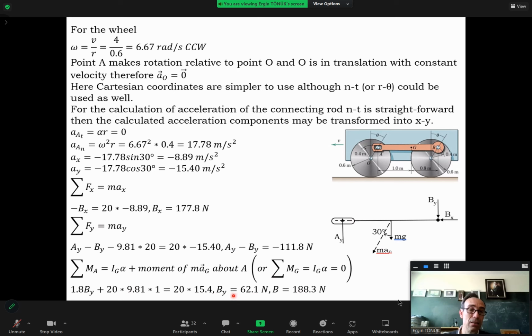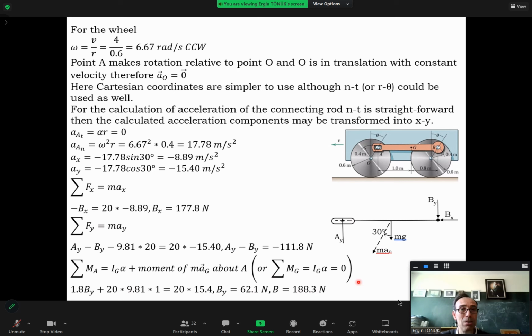So what I get is By, and as you see, By, I assumed downwards, turns out to be positive, okay? And if I square this and square that and sum and take the square root, I'll get B, which is the reaction on pin B. And if you like, you could also substitute this into here to get AY as well, which is not asked. Okay?